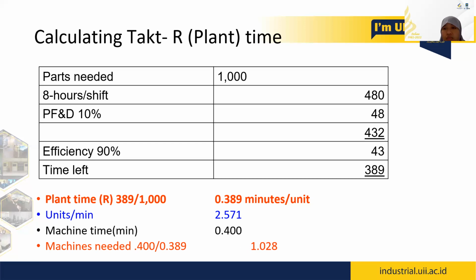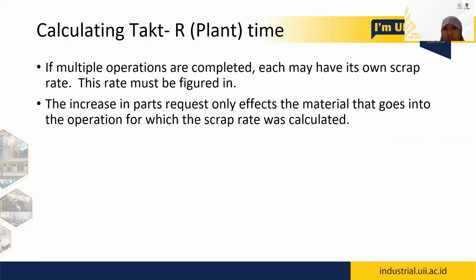Okay, while in reality we only have 0.4. Okay, so the machine needed is the actual time needed per unit divided by the planned time, which is 1 point something. So we need more than one if we want to produce 1,000 products or something like that.